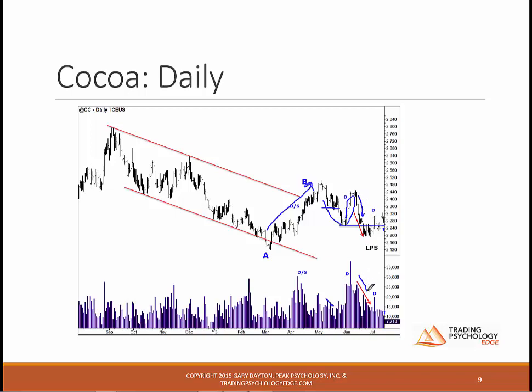As the market is being pushed down and we're seeing supply enter the market, we note that the volume is diminishing as we come down. Here we see volume increasing as we go up. Here it's diminishing as we go down. So this is saying that selling is losing its strength in here.